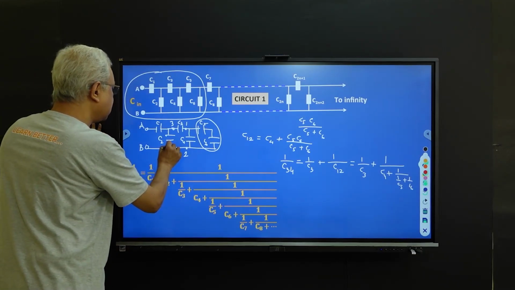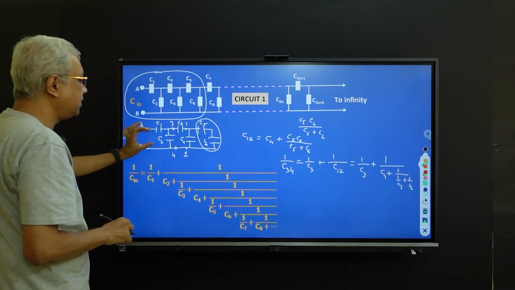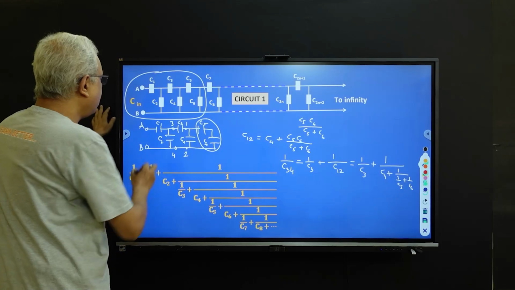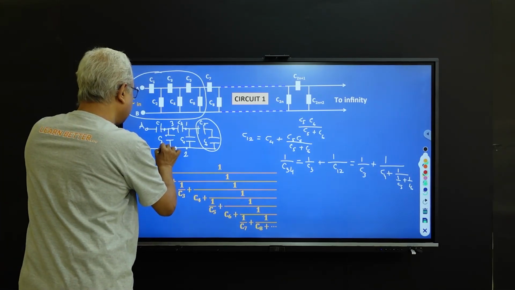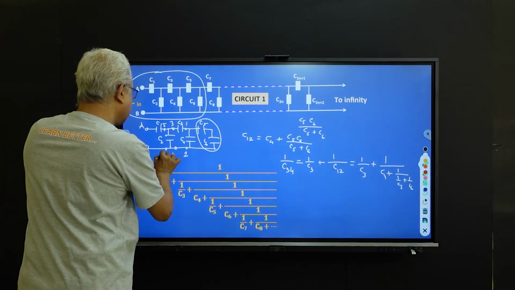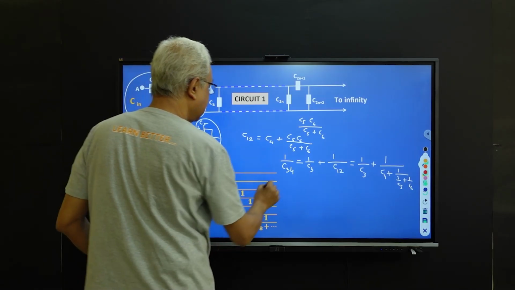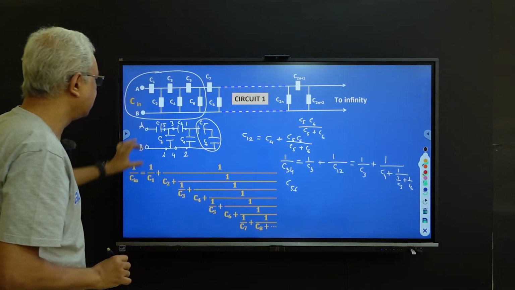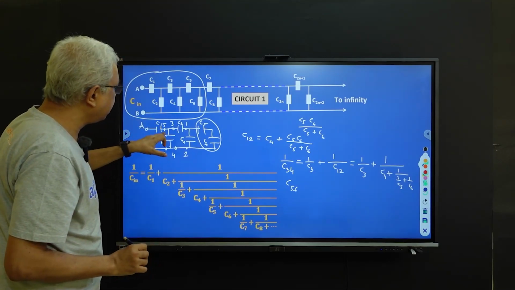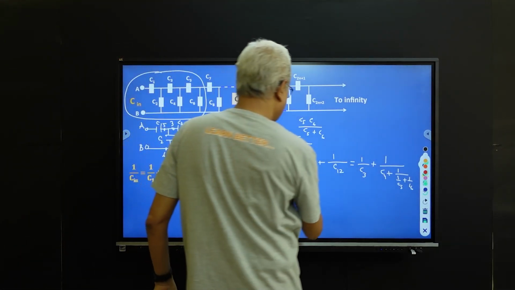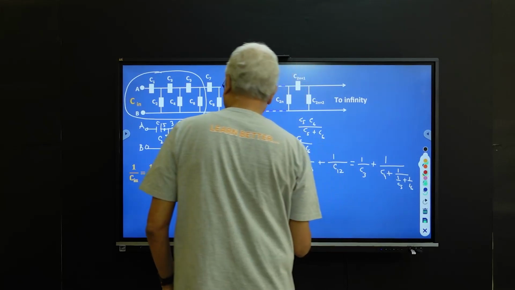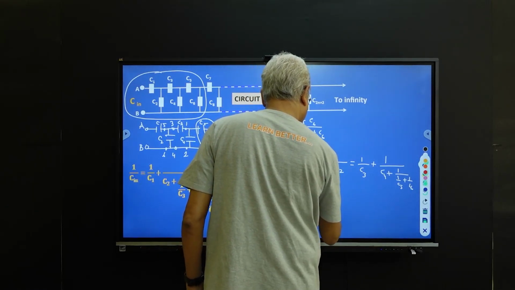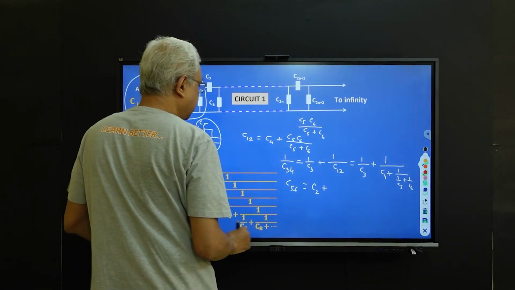And therefore, this C34 and C2 are in a parallel combination. Therefore, the equivalent capacitance between these 2 points, if I call these points 5 and 6, and call this C56, is the parallel combination of C2 and C34. So it is C2 plus C34.